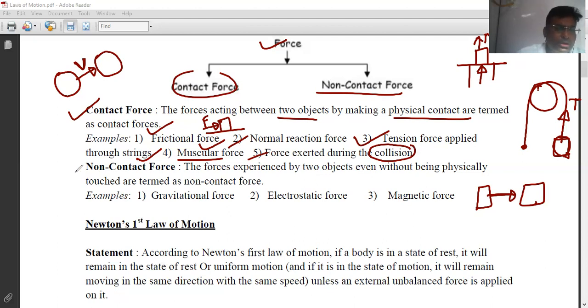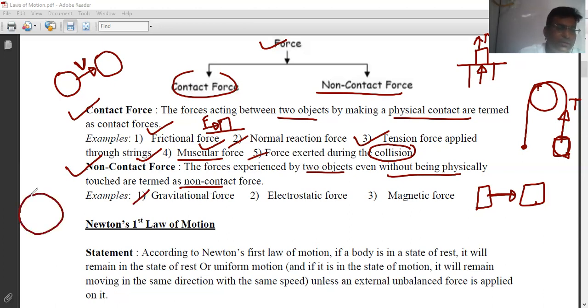Next type is non-contact force: the force experienced by two objects even without being physically attached. An example is gravitational force, right?